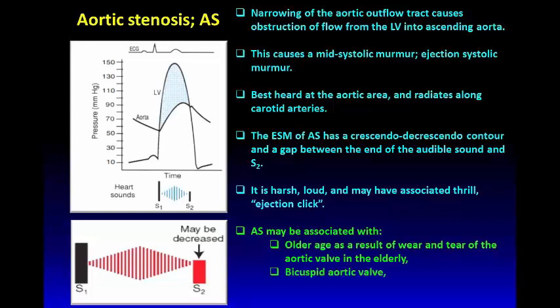It might also be caused by a bicuspid aortic valve, when the aortic valve has two cusps, and rheumatic fever might also result in stenosis of the aortic valve as a result of scarring of the valve, as in children and young adults.